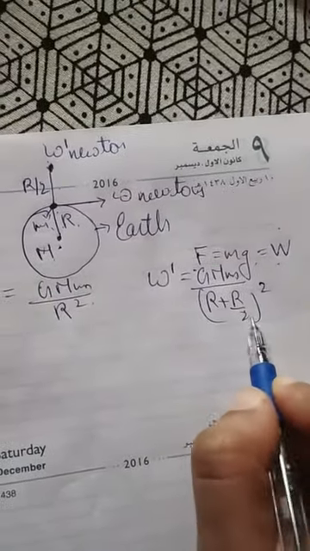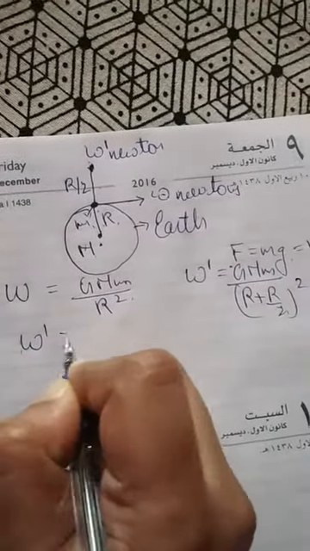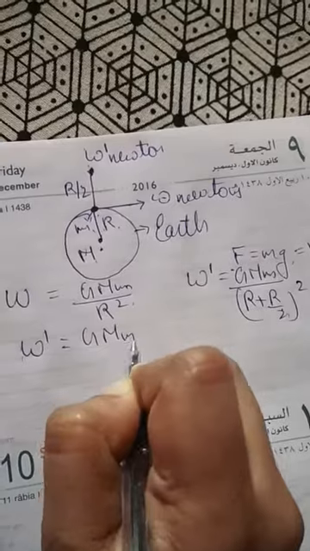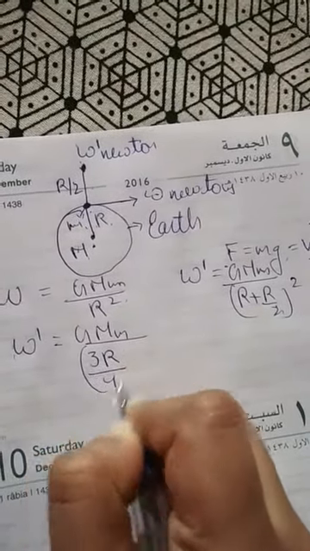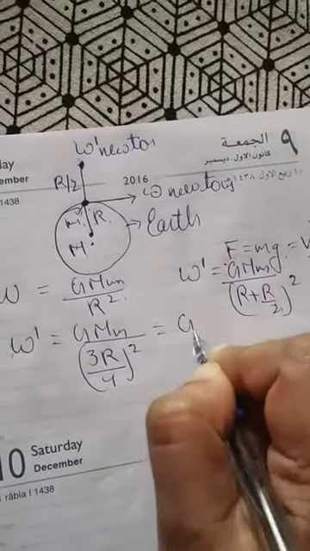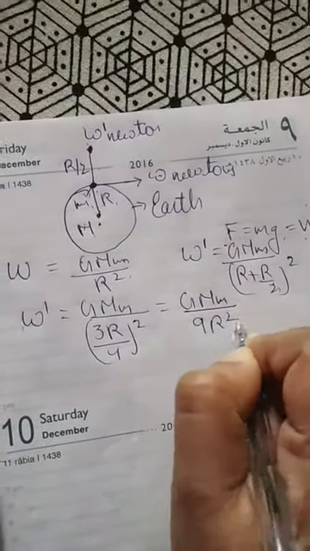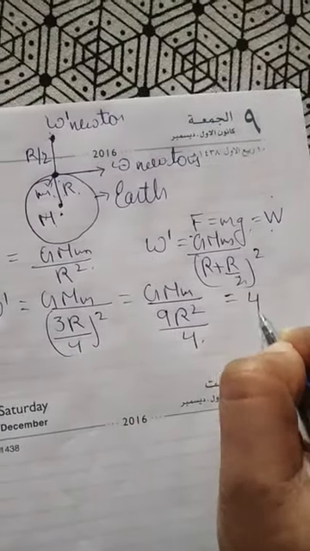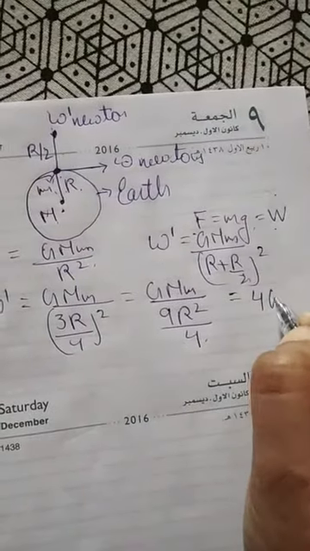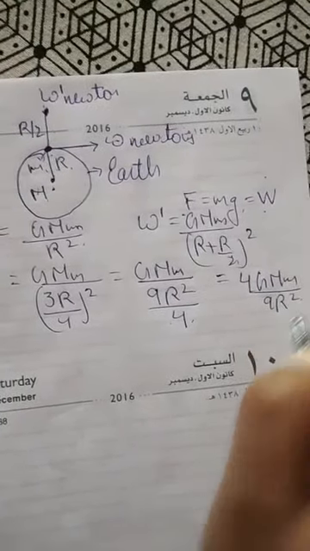So W dash is equal to G M m upon 3R divided by 2 whole square, or G M m upon 9R square by 4. Or can I write it like this? If 4 goes to the numerator, then it will become 4 G M m upon 9R square.